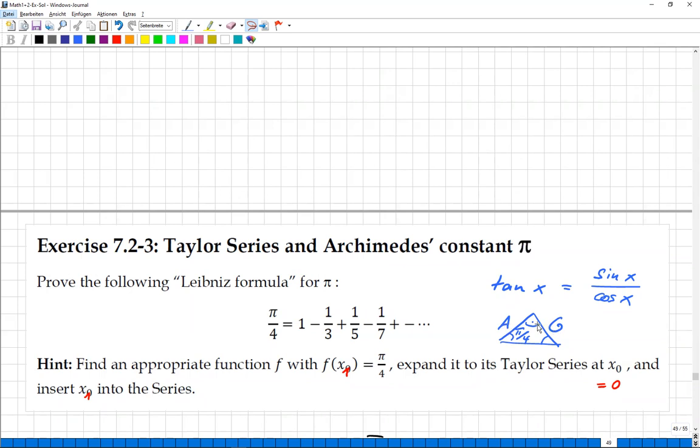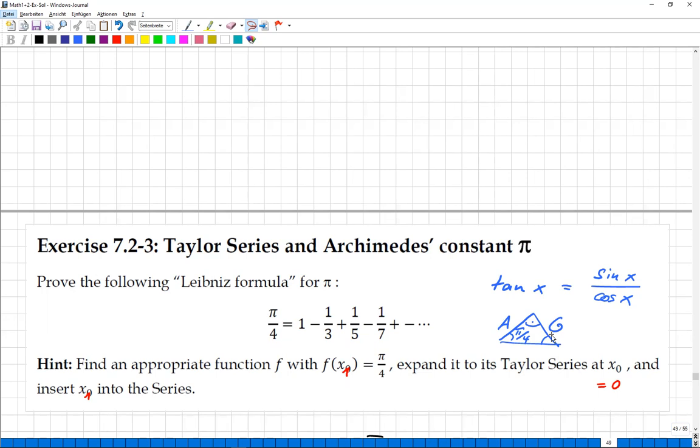Since these cathetes, or these sides, have the same length, it means that sine and cosine must be the same, and also that tangent of x, if I use pi over 4 for the variable x, must be 1. The direct reason is that the ratio between the side opposite and the side adjacent to this angle must be 1, because these sides have equal length. So that's clear.